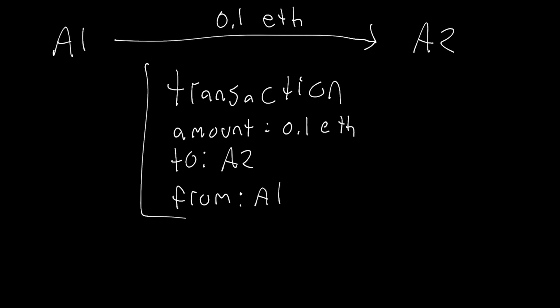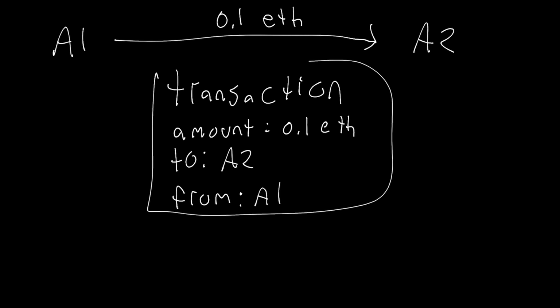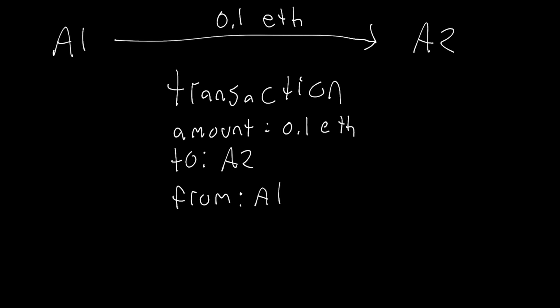Now, the only problem right now with this transaction is that we kind of have to trust that who's making this transaction is the person who's sending the money, right? The from address. But theoretically, account 2 could make this transaction and say, oh yeah, account 1 is sending me all of its Ethereum. Anyone could just make a transaction, and you could add as many as you want, and you could just throw them on the blockchain.